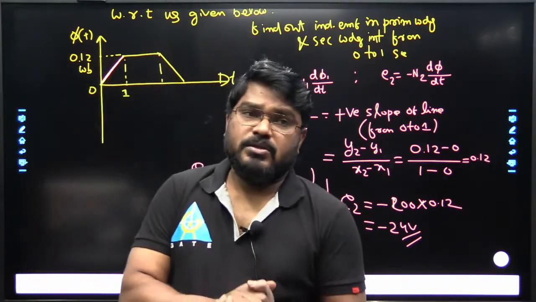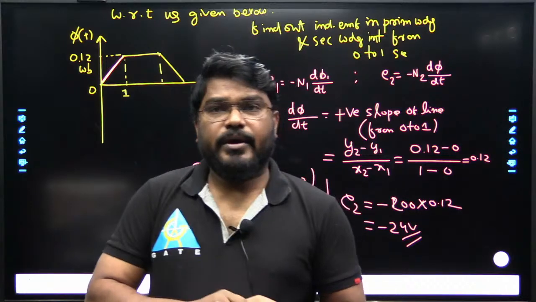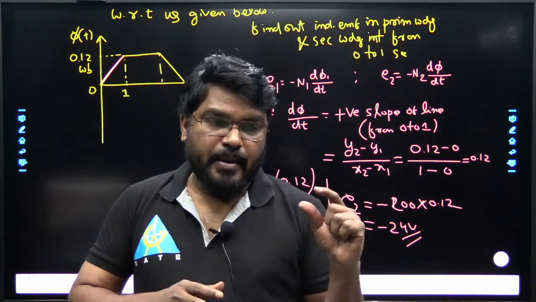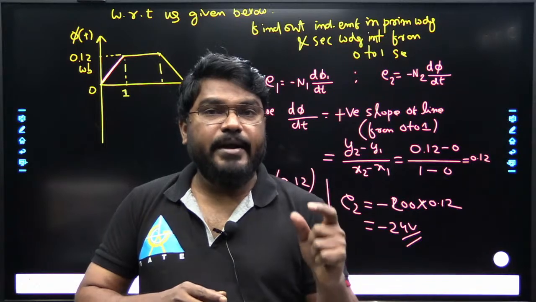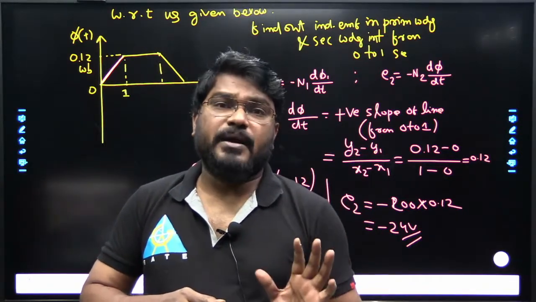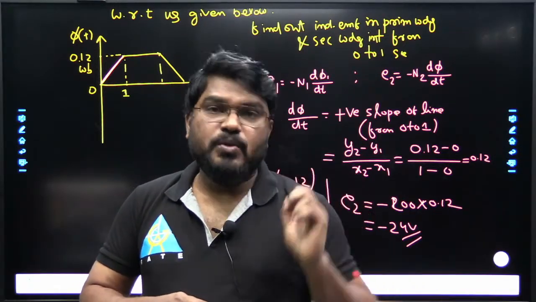We have some more questions; we will discuss that part tomorrow. This is the concept we have discussed today: how to find the magnitude and direction of the flux, and how to calculate the magnitude and direction of the induced EMF.